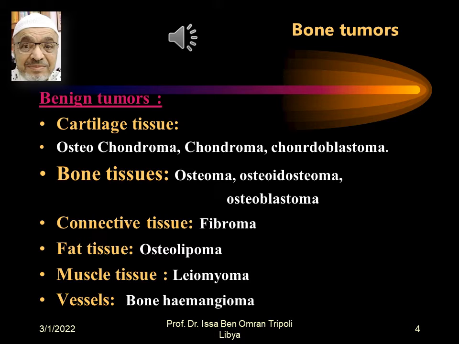They can affect connective tissue as fibroma, or affecting fat tissue as osteolipoma. Benign tumor can affect muscle tissue as leiomyoma, or vessels as bone hemangioma.